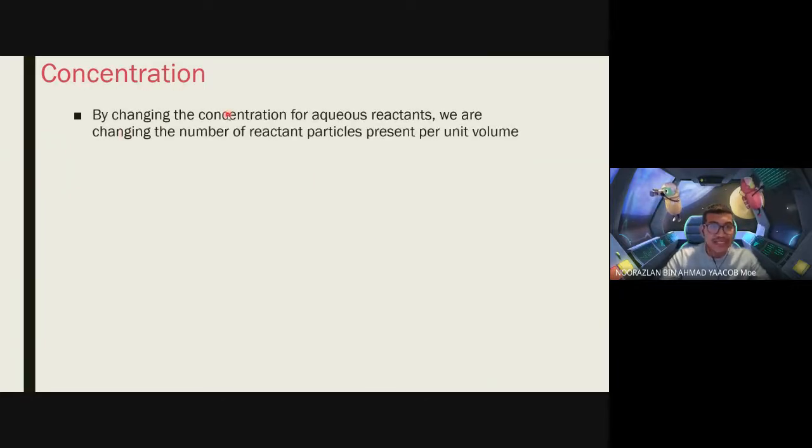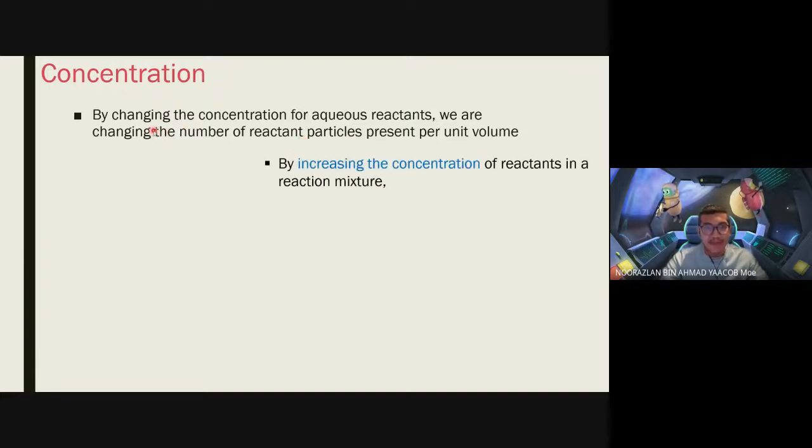Okay, so let's have a look at the first factor, which is concentration. So by changing the concentration for aqueous reactants, remember we can change the concentration for reactants in solution. Is this related to collision theory, Kasa? Yes, it is related to collision theory. Okay, so by changing the concentration of aqueous reactants, we are changing the number of reactant particles present per unit volume.